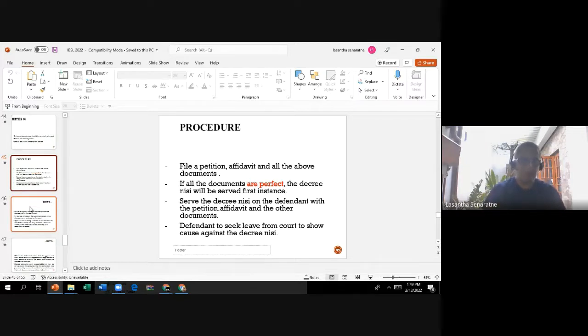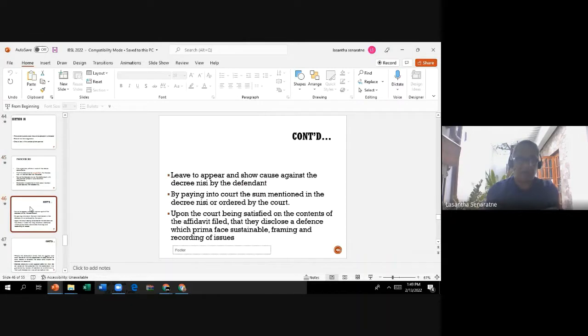So I have to go to court and request permission to appear and show cause against the decree nisi, by paying into court the sum mentioned in the decree nisi or ordered by the court.